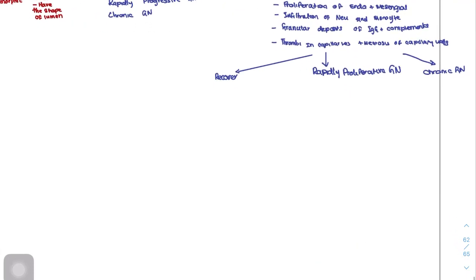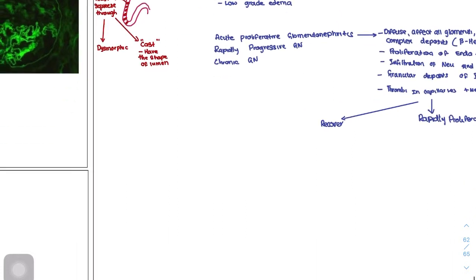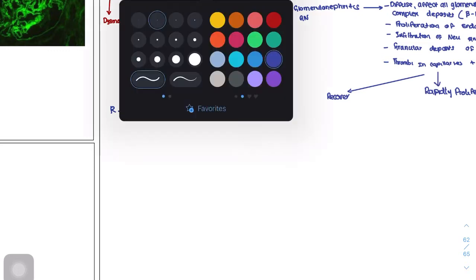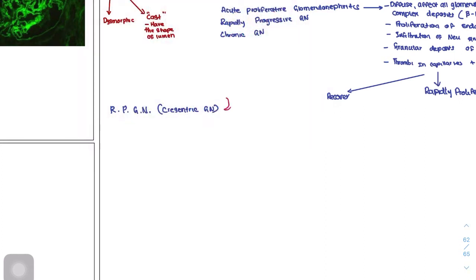So rapidly progressive glomerulonephritis, that's next. It is also called crescentic glomerulonephritis. And if you don't know what crescentic means, it means a shape like this, like a half moon shape.